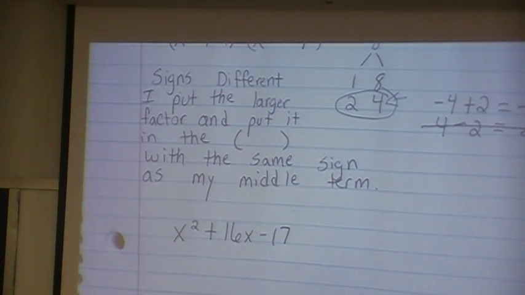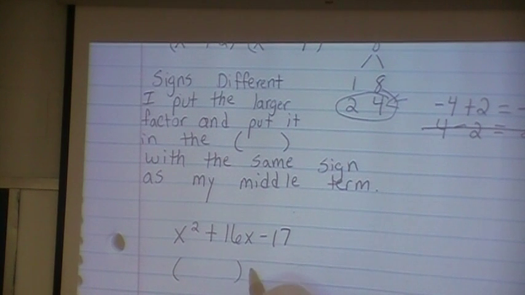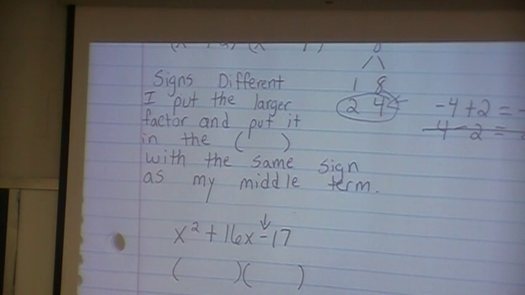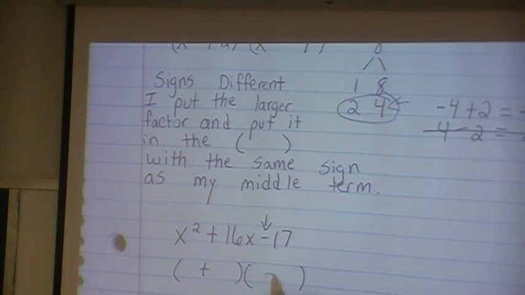So I've got this, x squared plus 16x minus 17. Look, if your last sign in your problem is negative, these are going to be different.